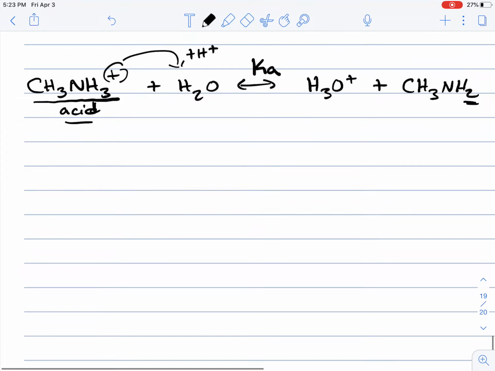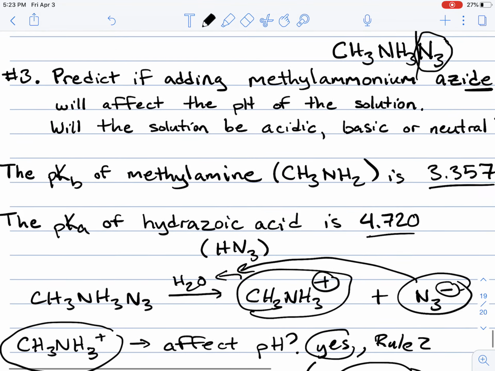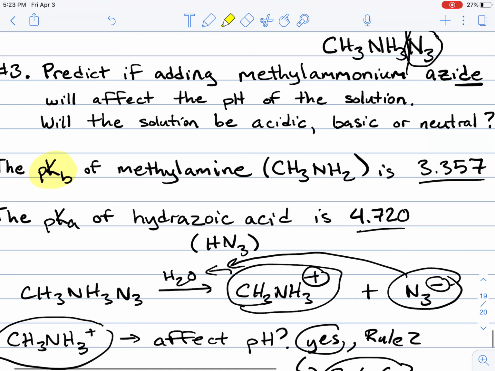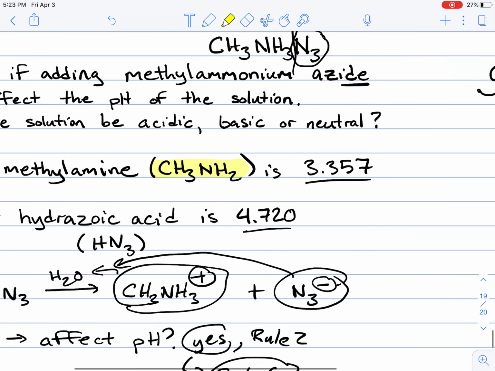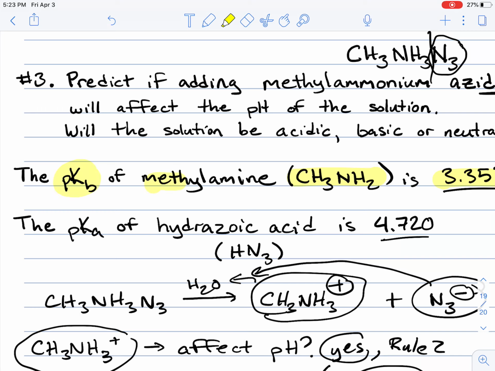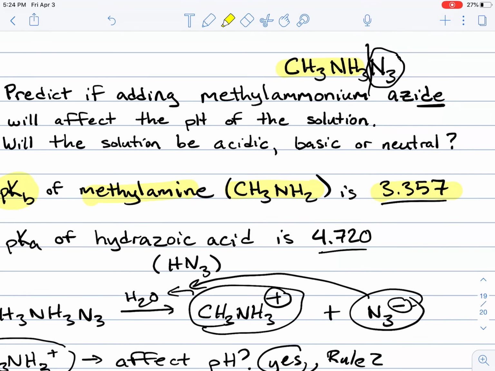And so we're going to go ahead and take a look at our given value. And so it looks like they gave us a pKb, and it's that of methylamine, and it's 3.357. So methylamine, or CH3NH2, is not the same as CH3NH3⁺.